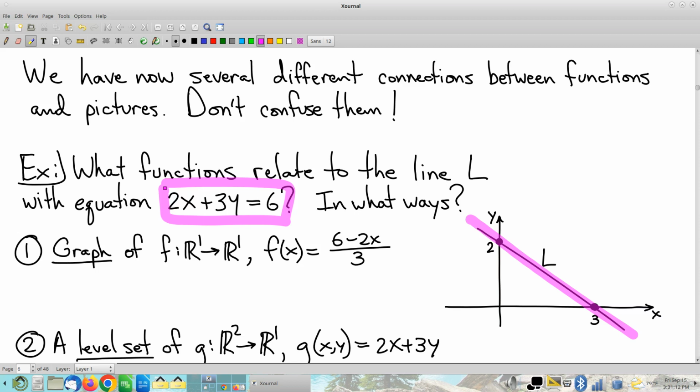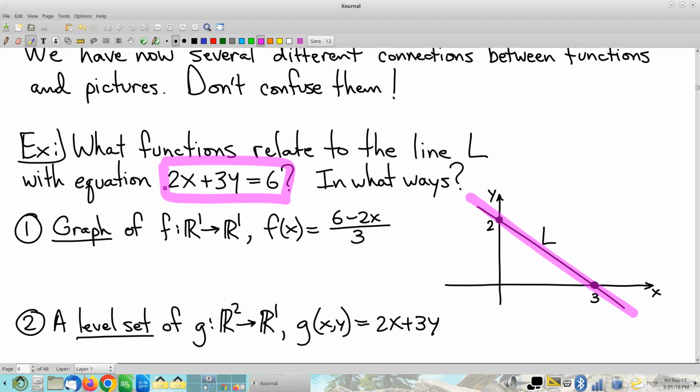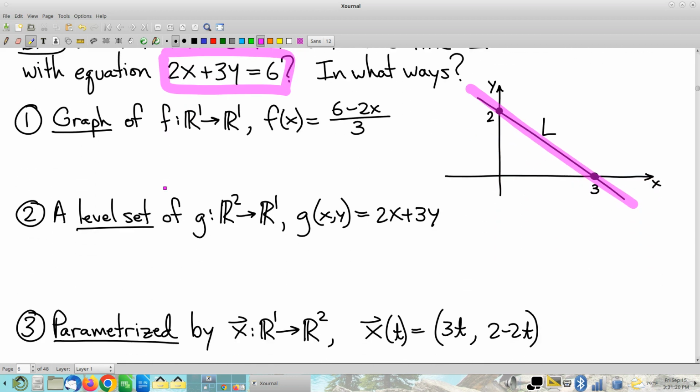Is this a graph of something? Is this a level set of something? I'm going to also ask while we're here, is this parameterized by some function? Right? And here's the thing, we're going to be eventually learning pretty soon now, possibly even later today, we'll see.